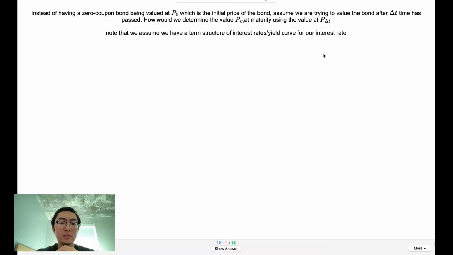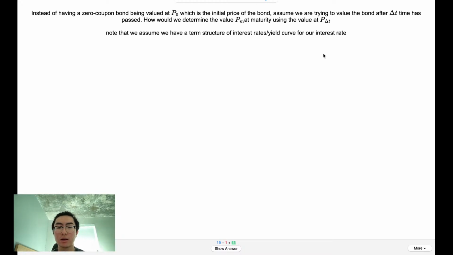Okay, so I guess it's not telling us to use continuously compounded rates or discrete compounded rates. Maybe an interesting way to do this is with discrete compounding.